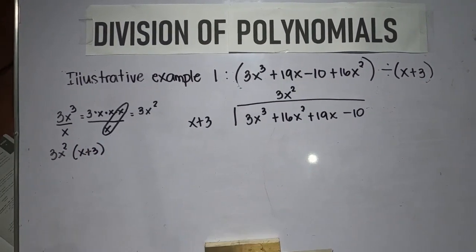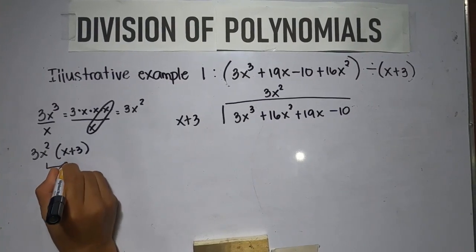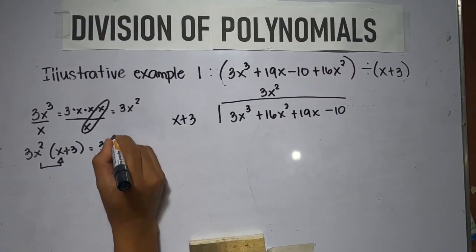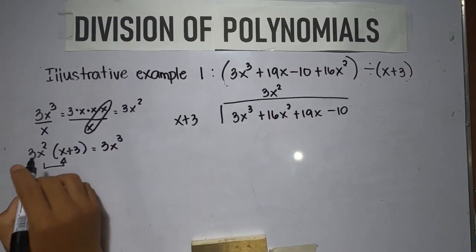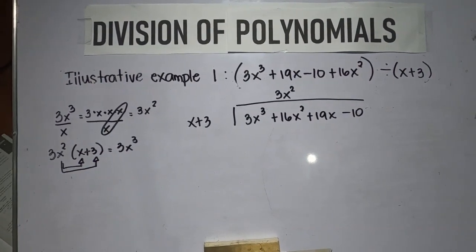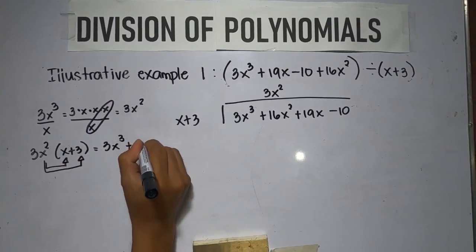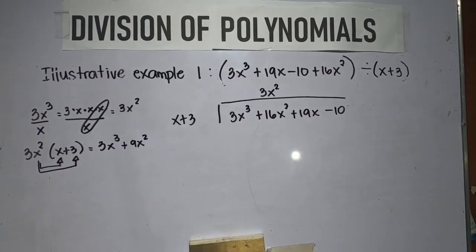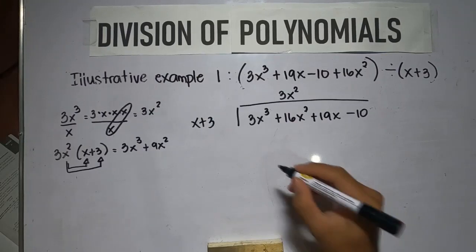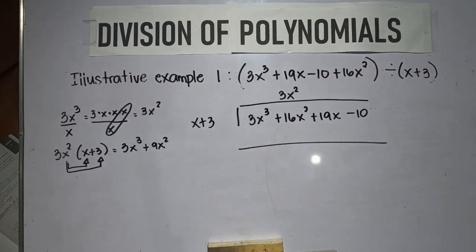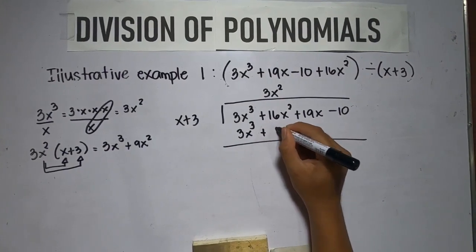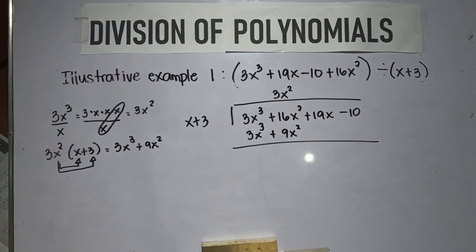By distributive property, 3x squared times x is equal to 3x cubed. 3x squared multiplied by positive 3 is positive 9x squared. And the result will be written under our dividend. That is 3x cubed plus 9x squared.